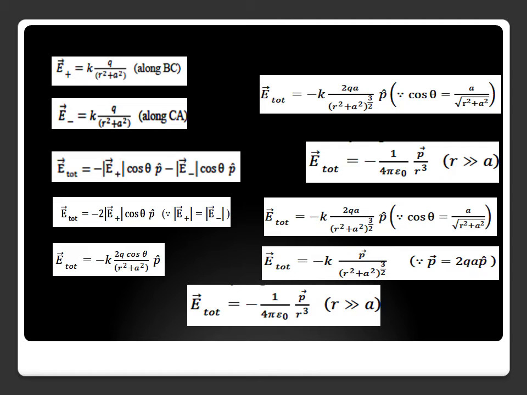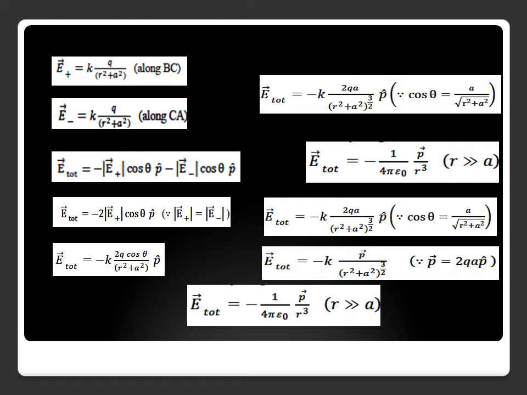Now, from the diagram, you can find the value of cos theta. Take the triangle OBC. In the triangle OBC, angle OBC is equal to theta. Therefore, cos theta is equal to adjacent by hypotenuse. Adjacent is a, hypotenuse is root of r squared plus a squared.